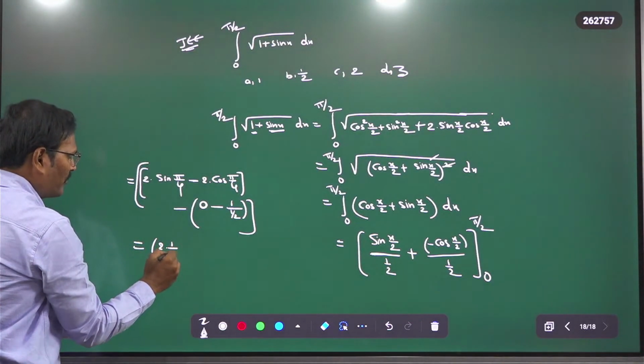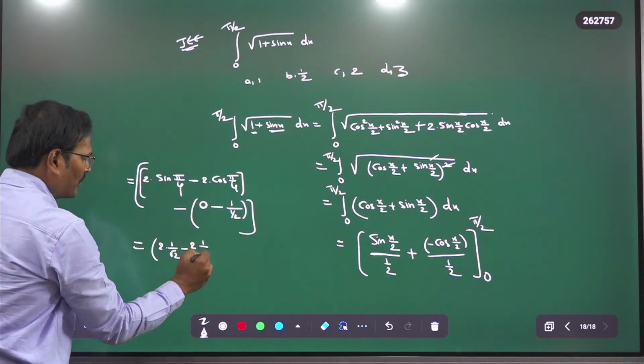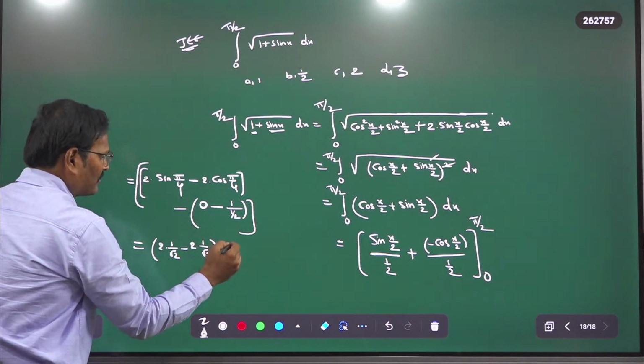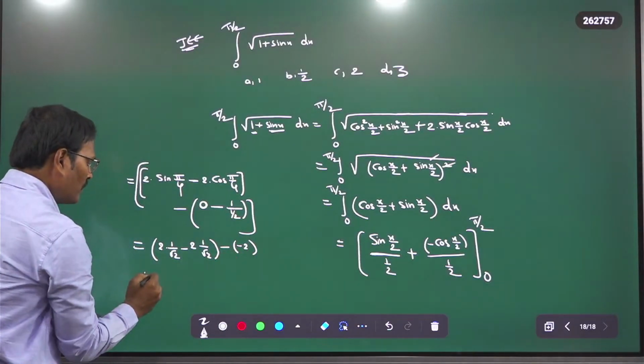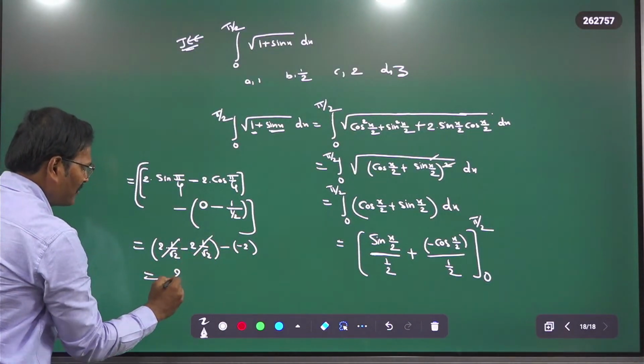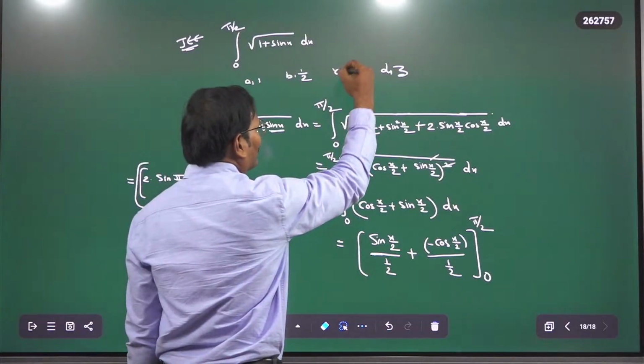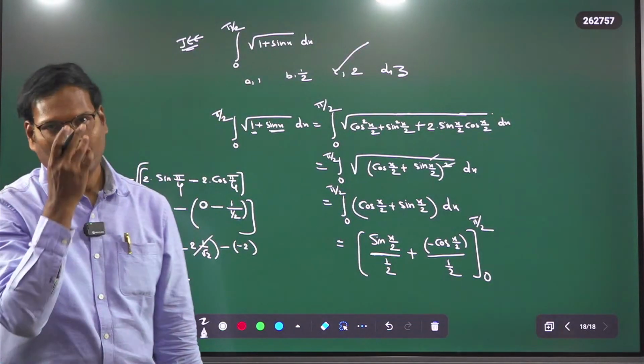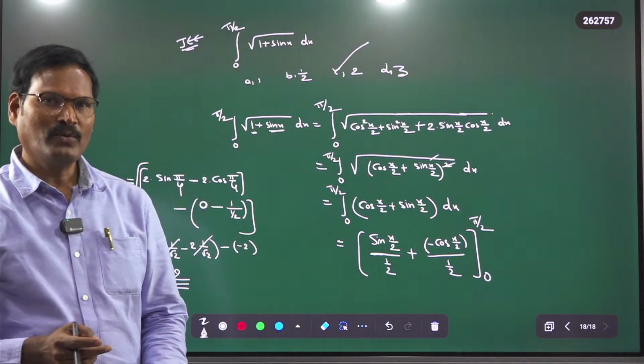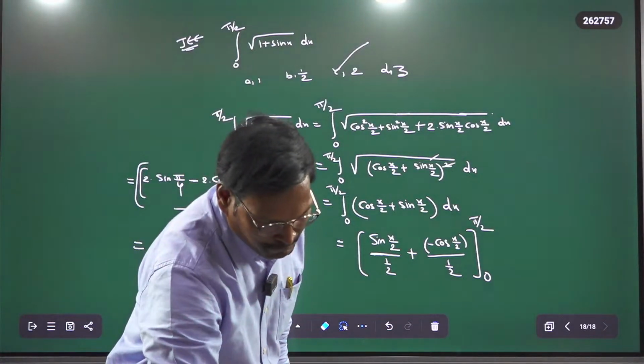So 2 into 1 by root 2, 2 into 1 by root 2 minus 2. Minus into minus is plus 2. So 2 is the answer for this question. This is one of the questions from JEE.